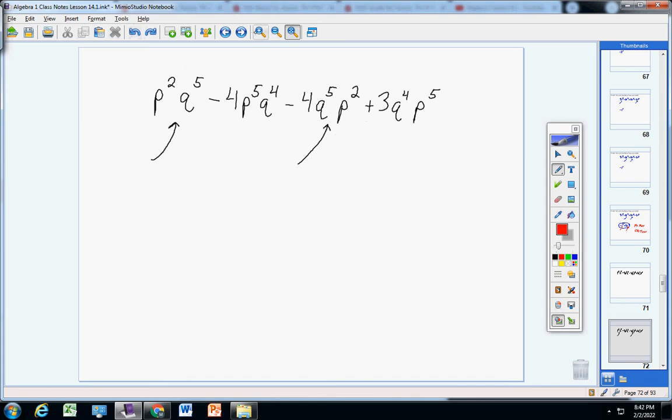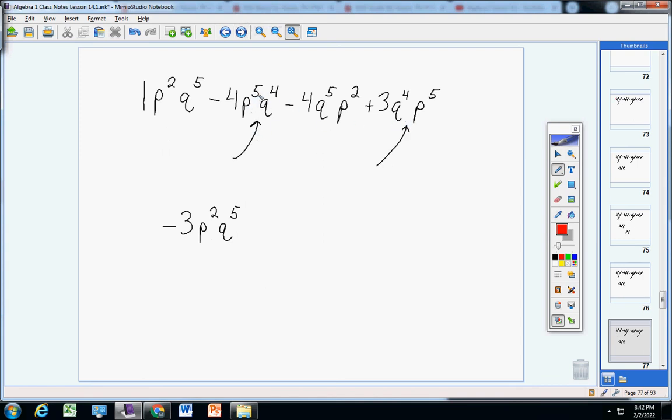Now remember, I have a 1 right here, so positive 1, negative 4, negative 3. By the way, you can put p squared q to the fifth, or you can put q to the fifth p squared. I don't care, does not matter, okay? Now, these two terms are the same.